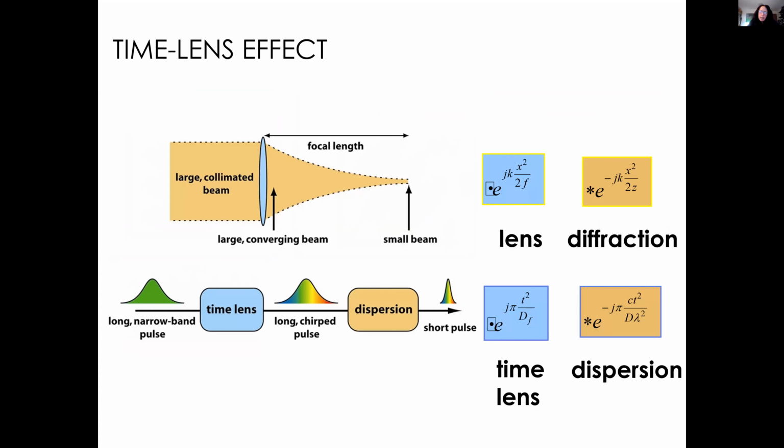The concept is related to the time lens effect. We know that a lens performs the Fourier transform because we first multiply the signal by the transmission function of the lens, and then we make the convolution that is related to diffraction. We can do the same in time. So we can apply a time lens, that is this multiplication in time, and then we use the convolution, that is a transmission through a dispersive medium.